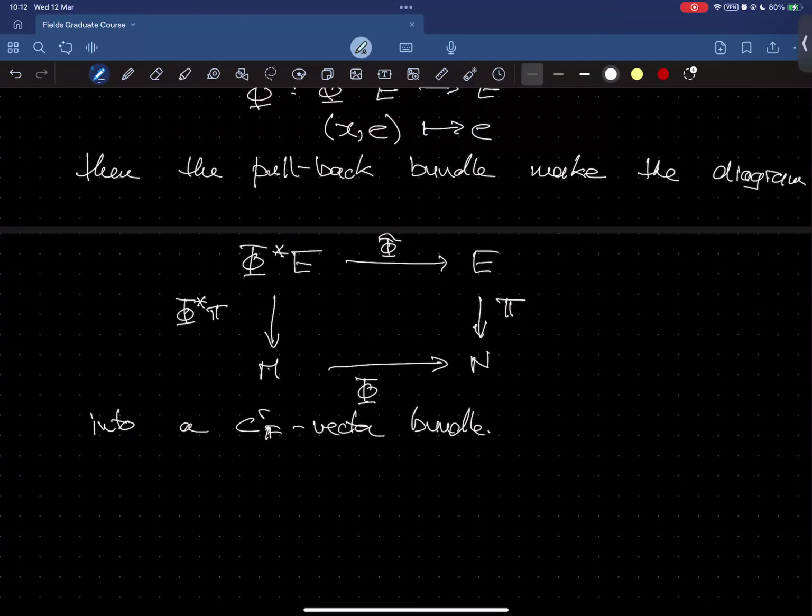So let's give some interesting examples of pullback bundles. Actually, I'm going to give essentially two examples of pullback bundles, which are kind of the same, in the sense that the pullback bundles that I construct are going to be just multiple versions of the same thing. But it gives you maybe some insight. So, examples.